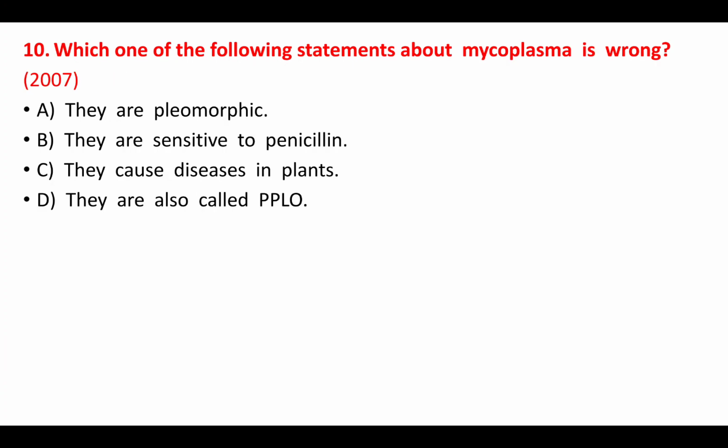Which of the following statements about mycoplasma is wrong? See, they have given some options like they are pleomorphic, that means they occur in different forms. They are sensitive to penicillin. They cause diseases in plants.